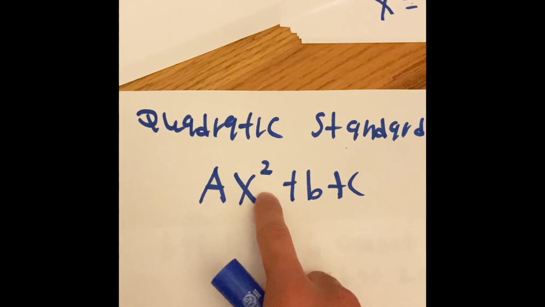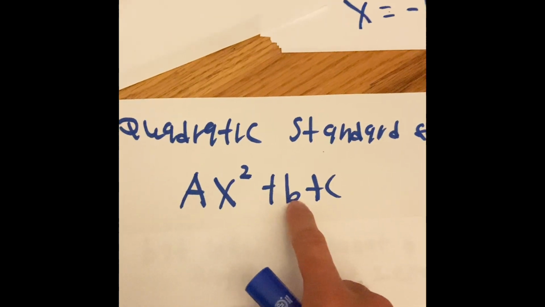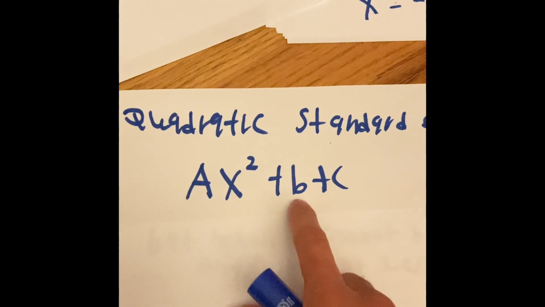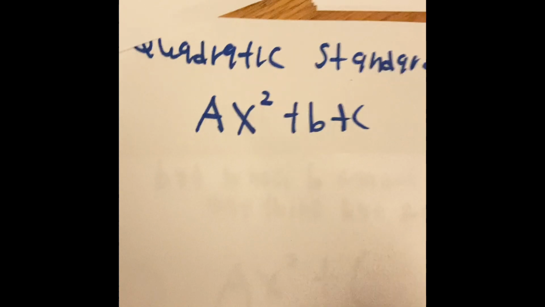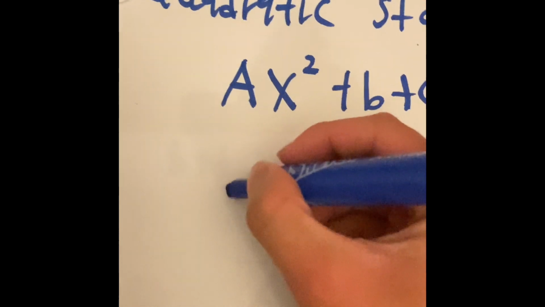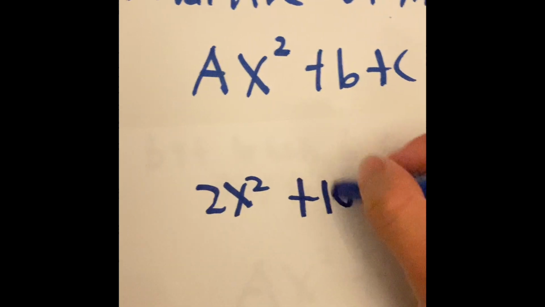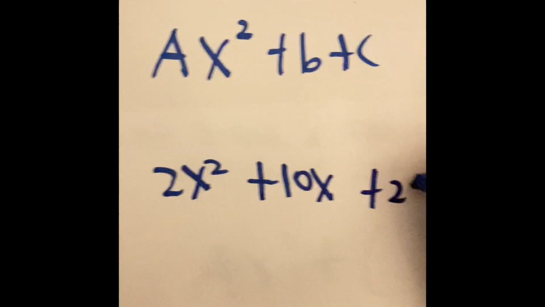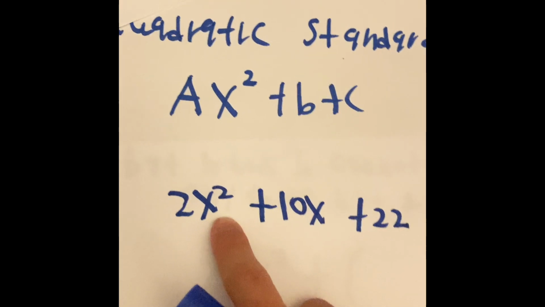Ax squared represents the x squared, b is the coefficient of the x, and c is a normal regular number. For example, we can write it as 2x squared plus 10x plus 22. That is one of my favorite quadratic trinomials.